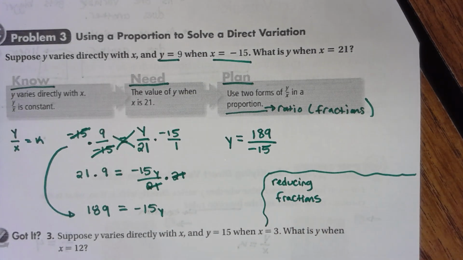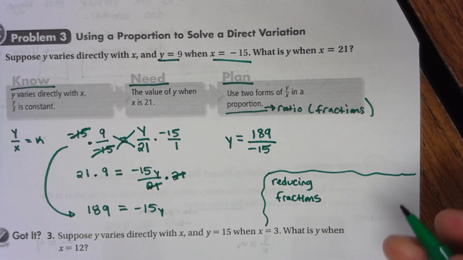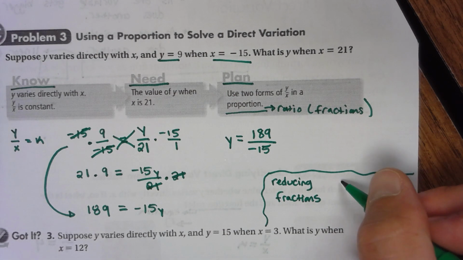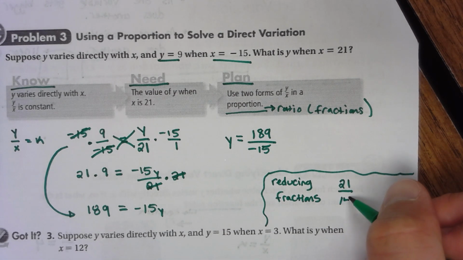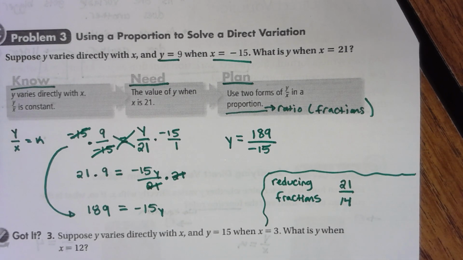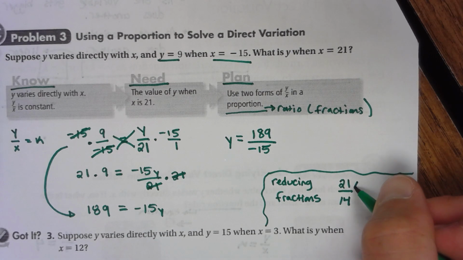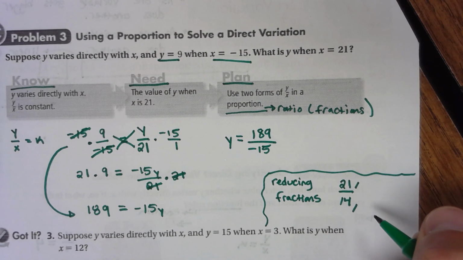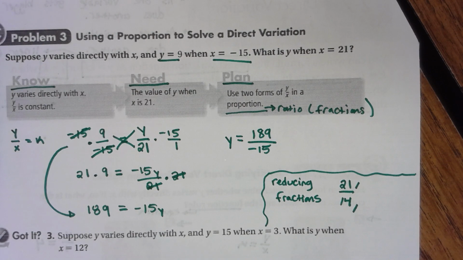So reducing fractions. Reducing fractions means to basically find a similar form of a fraction with its smallest numbers in your numerator and denominator. So an example would be like 21/14. 21/14 is not the smallest version of this particular value. For us to reduce it, we ask ourselves what divides the numerator and the denominator. We're just going to keep finding numbers that divide the top and bottom until we cannot find any others.